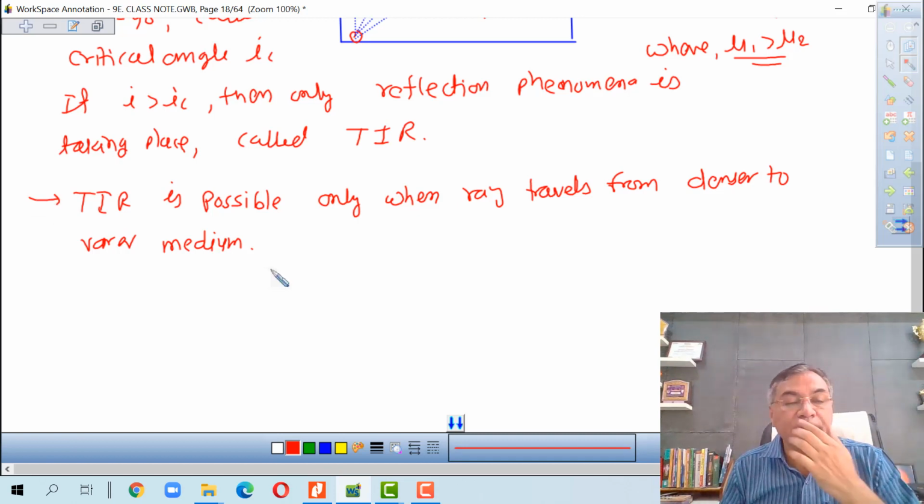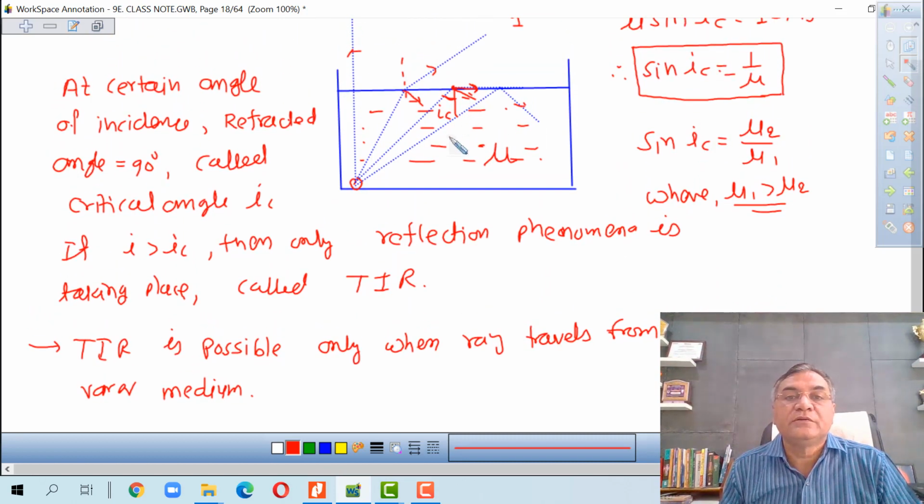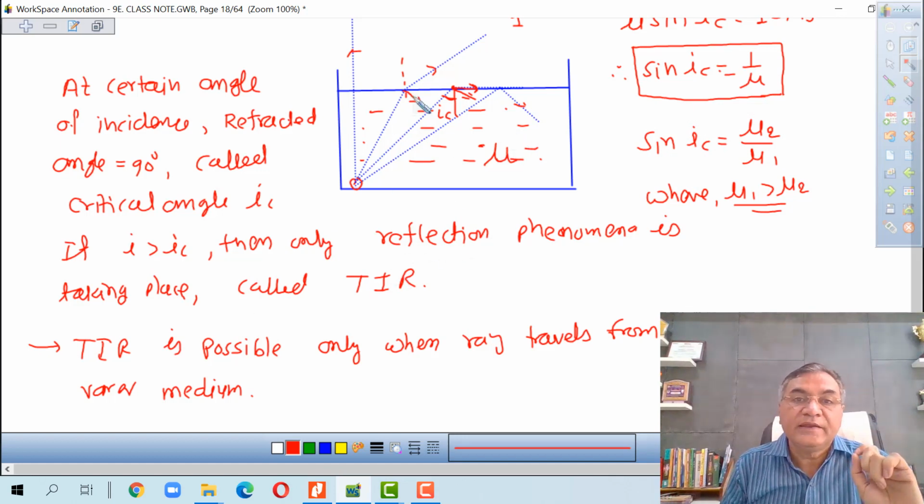Okay, it's very important. So this may be glass, outside may be water, it is possible. પણ ઉલટી અહીંયાથી રે આવે અને અંદર ન જઈ શકે, ટોટલ ઇન્ટરનલ રિફ્લેક્શન પોસિબલ નથી, કારણ કે આ કન્ડિશન ક્યારે સેટિસ્ફાઈડ ન થાય. ઓકે, કન્ડિશન ક્યારે સેટિસ્ફાઈડ થાય નહીં, એટલા માટે પોસિબલ નથી.